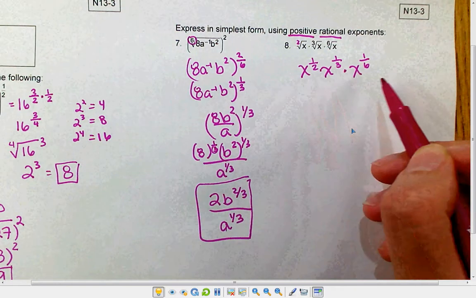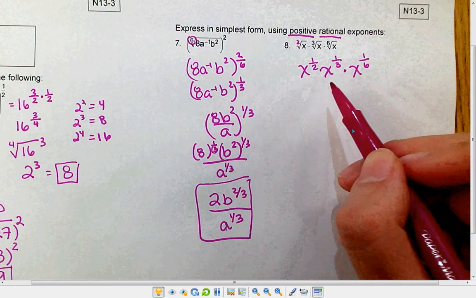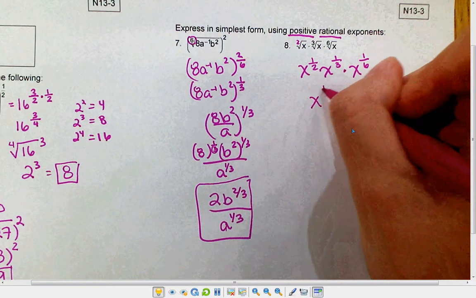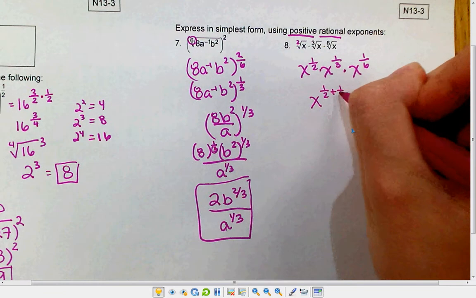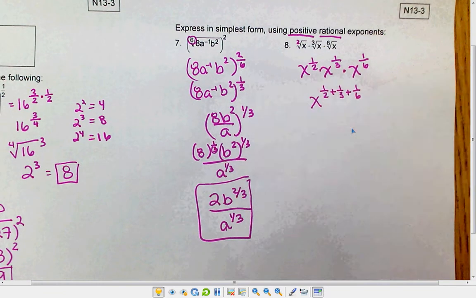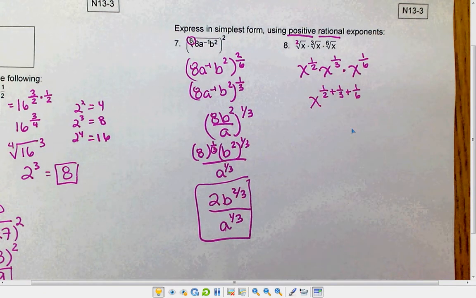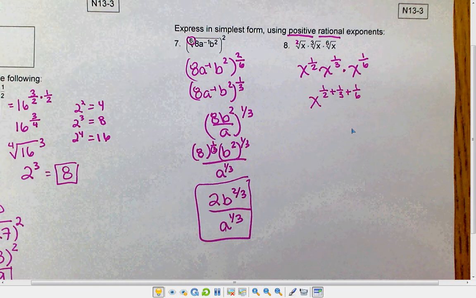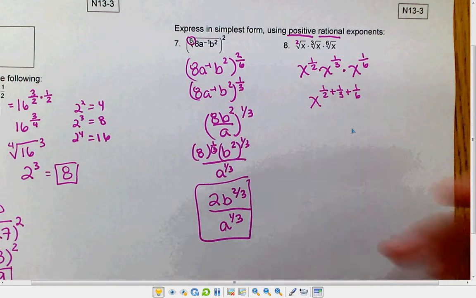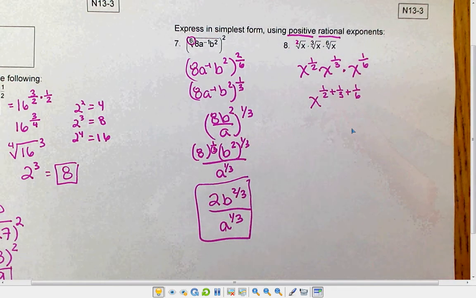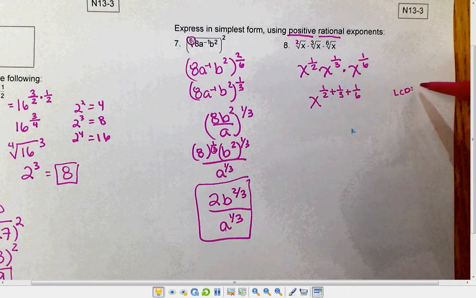Now when we multiply these like this, to the same base, really what we're doing is adding our exponents. So we're adding 1/2 plus 1/3 plus 1/6. For you to add these fractions, you need them to have the same common denominator. So if we look at 2, 3, and 6, your least common denominator here is 6.